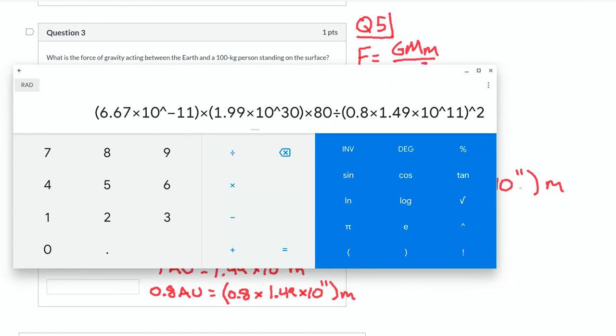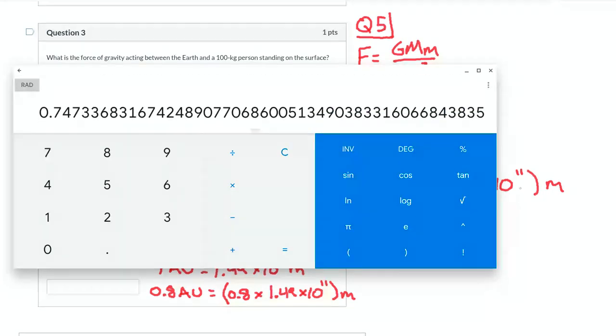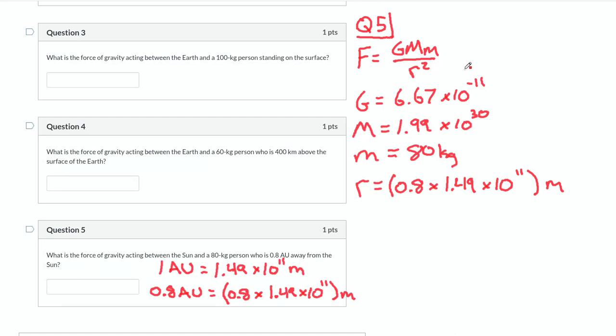Now, if we get a crazy big number or a crazy small number in scientific notation, I'm sure we did something wrong, but if it's a simple number that we could type into the box, like 0.747. All right, 0.747. So the force is really quite small. 0.747 newtons.